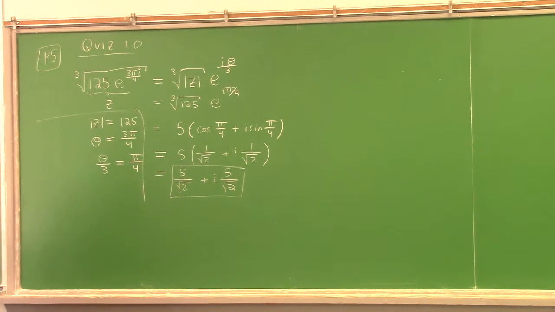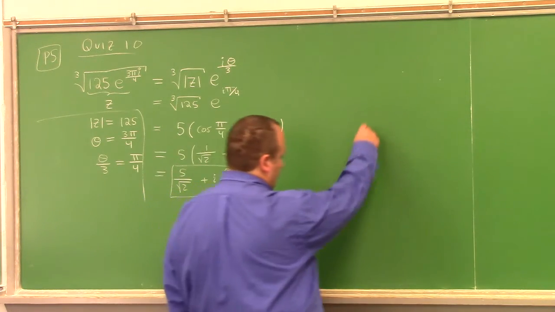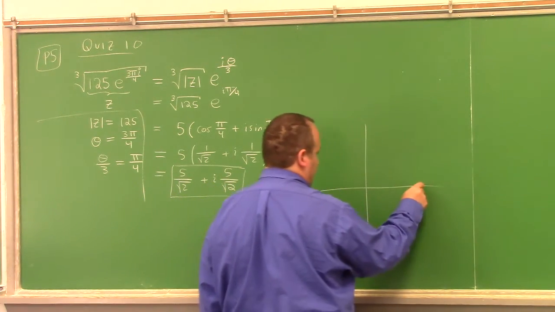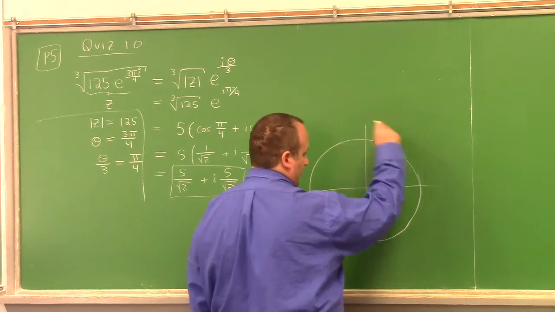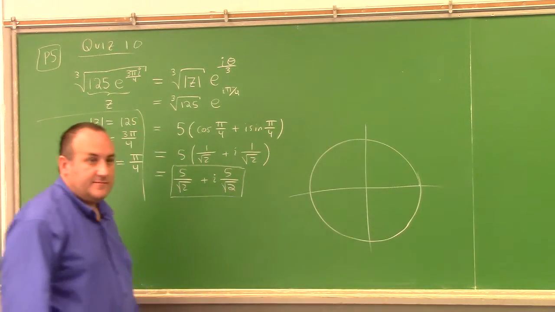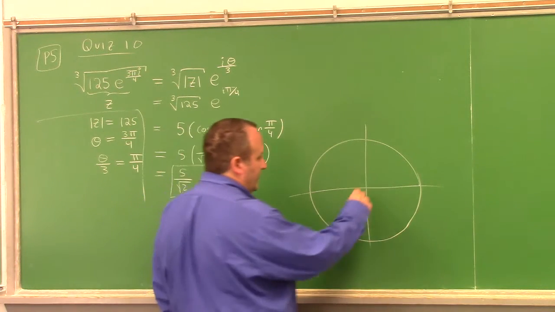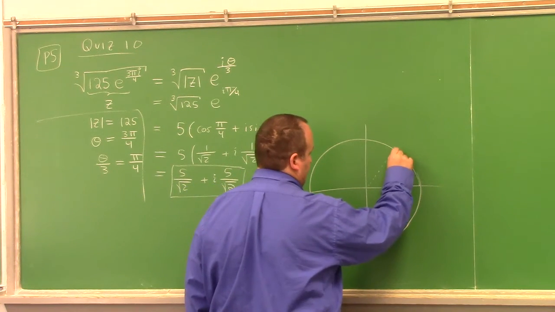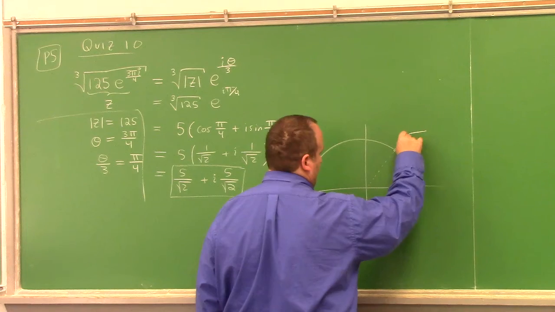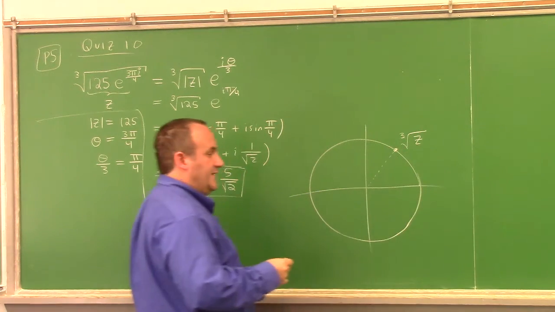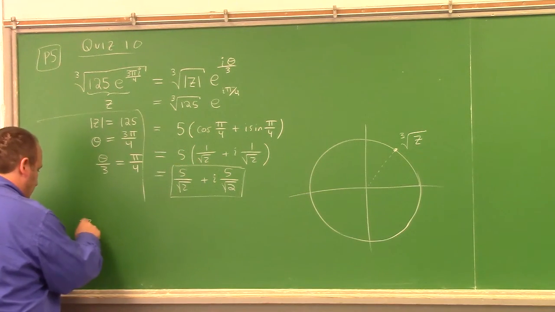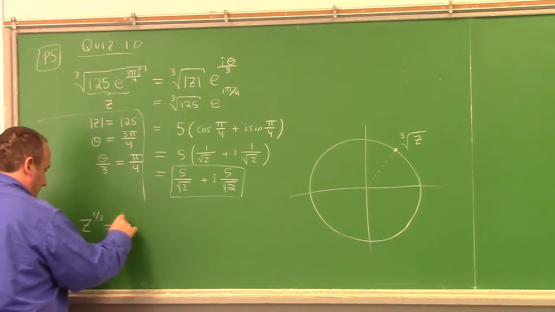Now, on the graph that I gave you, there's a circle, and that circle has radius 5. And so the first one's at pi over 4, which is right here. And then z to the 1/3 is a set of values.